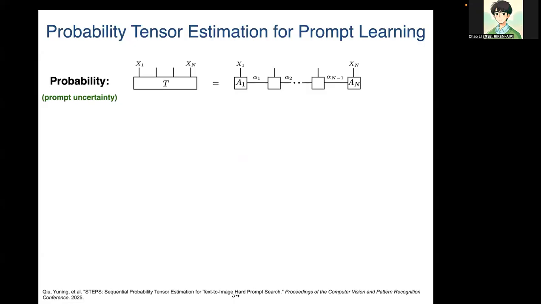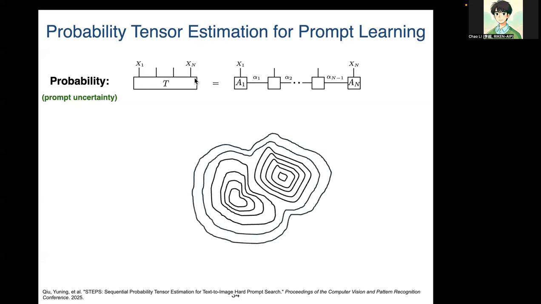To this end, we treat our belief about what the optimal prompt might be as a tensor network. Each mode in the tensor represents the uncertainty for one token in the prompt. Then, during the search, we sample prompts from the distribution tensor T. For each one we sample, we run it through the model, check how well it works using a task-specific loss, and record the evaluation result as good or bad.